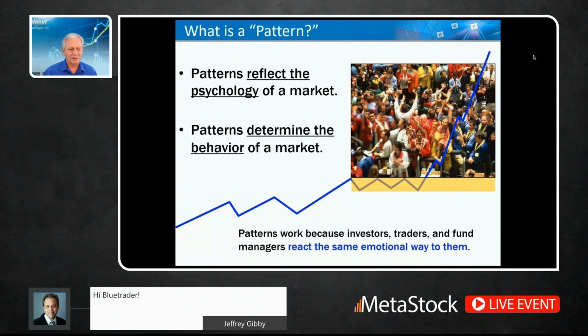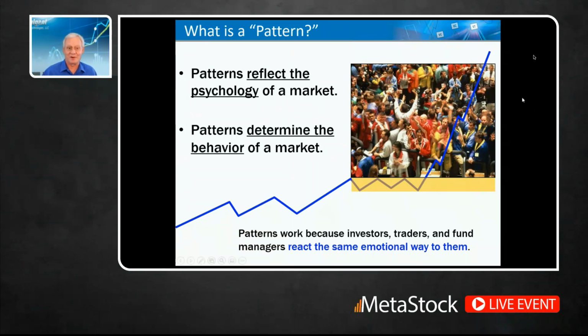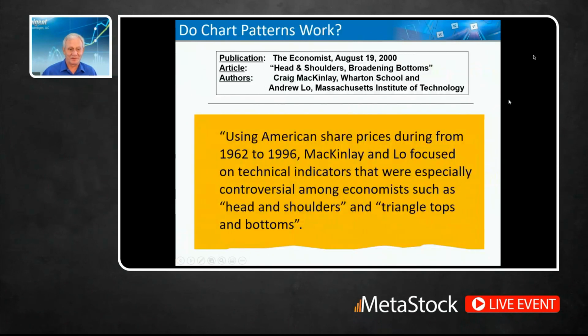And what we're looking at is what is the likely behavior from what we are seeing right now. And these things are amazing. Now, people haven't always believed that chart patterns work. Back in 2000, these gentlemen at the Wharton School and MIT decided to write a thesis, or I think it was their master's. Anyway, they did a pretty big project where they were studying chart patterns, triangle tops and other things like that, and trying to see if they really were predictive.